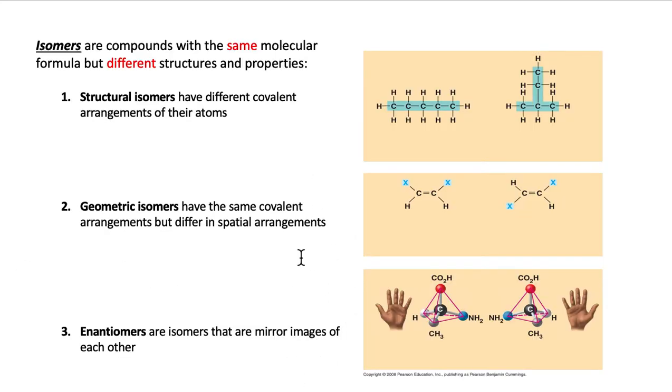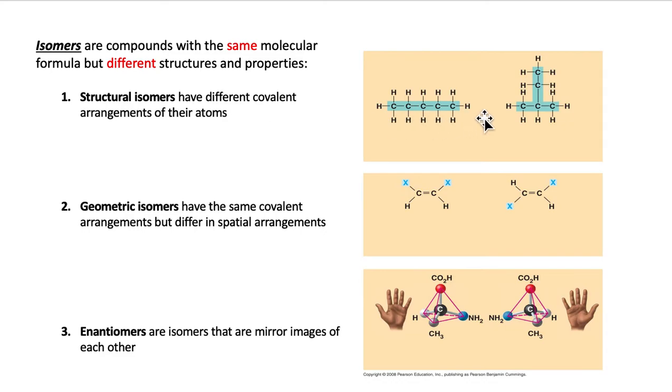And carbon-containing organic molecules are so different that we can find their isomers. Isomers are compounds with the same molecular formula but different structures and properties. In general, we can define three different types of isomers. A structural isomer has different covalent arrangements of the atoms.